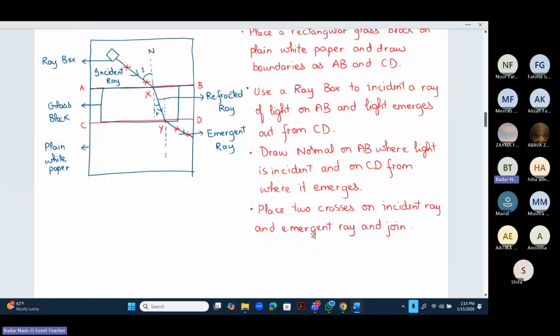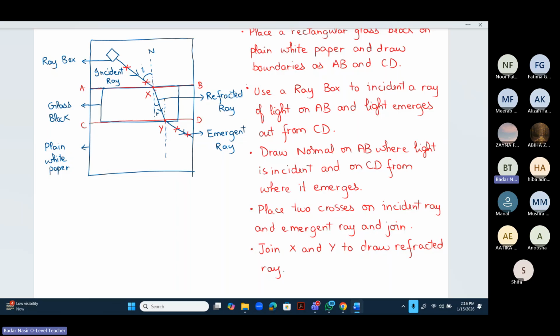ठीक है, तो अब मैं क्या करूंगा, join X and Y to draw the refracted ray. So beta, we will join these points X and Y together.